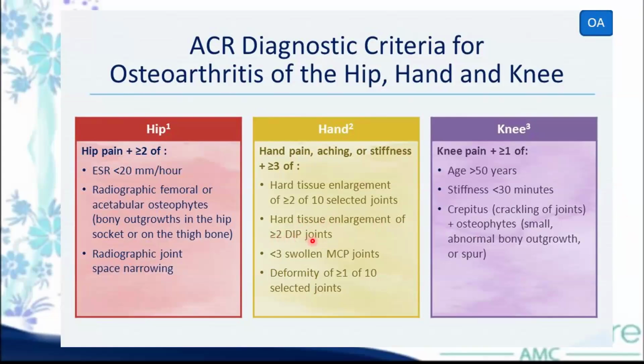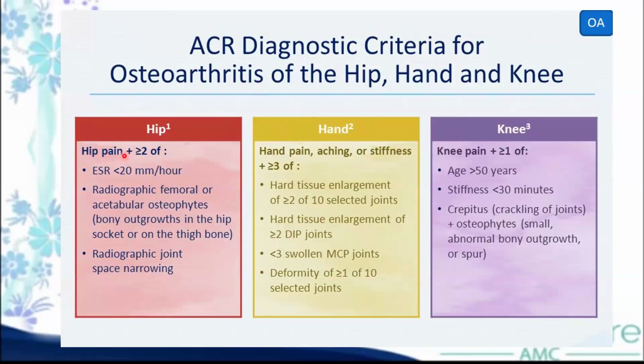This hard tissue enlargement is what you see on the outside as Bouchard's and Heberden's. Then metacarpophalangeal joints can be swollen, but fewer than 3. If it's more than 3 metacarpophalangeal joints, you're thinking of rheumatoid. No need to know these, just know that there can be osteoarthritis of the hip also.